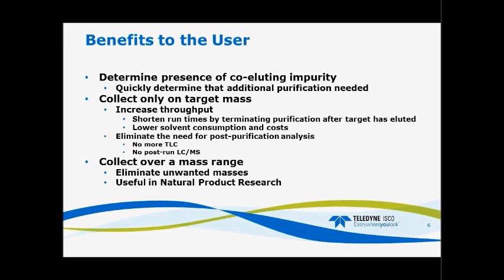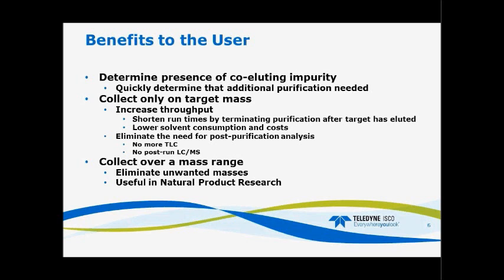Secondly, we talked about this a few minutes ago, collecting only on the target mass. What that does is it increases throughput. One thing that is an option in the Pure Ion is to terminate the purification after the target mass has eluted.